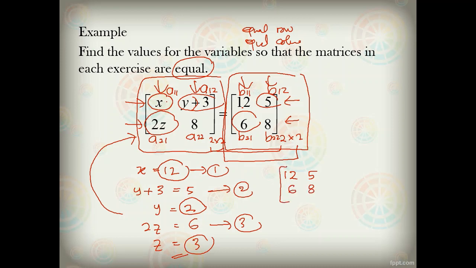So this is the matrix on the left hand side after the substitution of x, y, z, and it is equal to the matrix on the right hand side, which is 12, 5, 6, 8. So both matrices satisfy the definition.